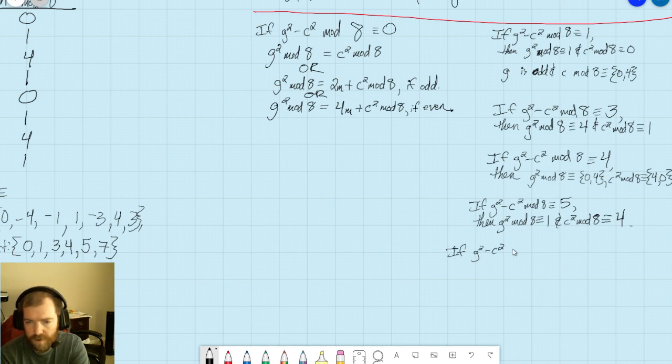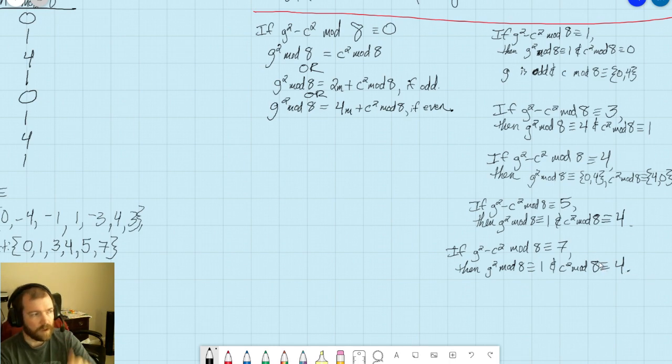G squared minus C squared mod 8 is 7. And G squared mod 8 would have to be 1, and C squared mod 8 is going to need to be 4, to get us a... Nope, sorry, wait.